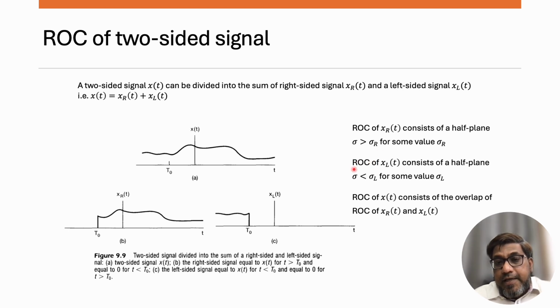Similarly, the left-sided component will have the ROC lying to the left side of some sigma equals sigma L. So that is the individual ROCs of the right-sided component and the left-sided component. So what will be the ROC of the combined two-sided signal? The ROC of the combined components, that is the two-sided signal, would be the overlapping region of the ROCs of the right-sided component and the left-sided component.